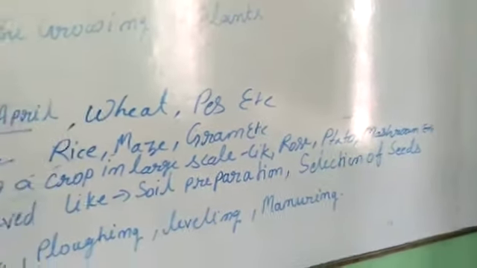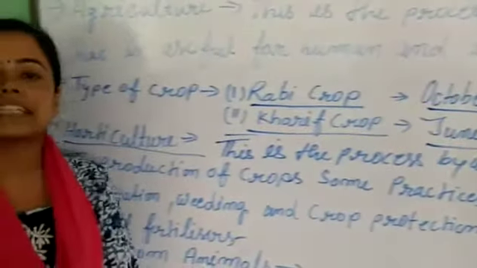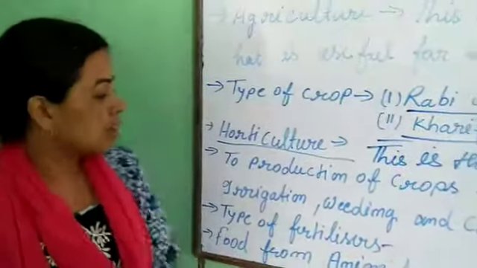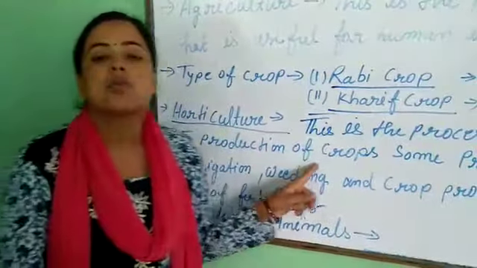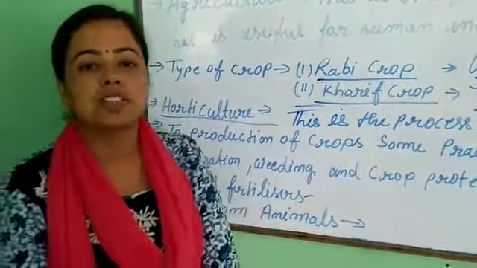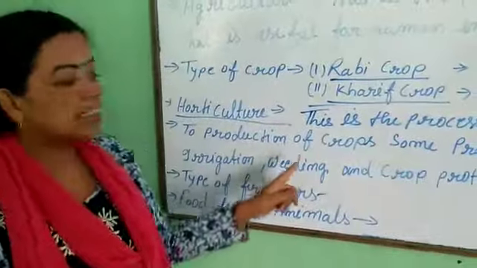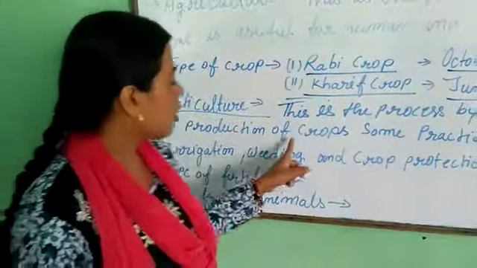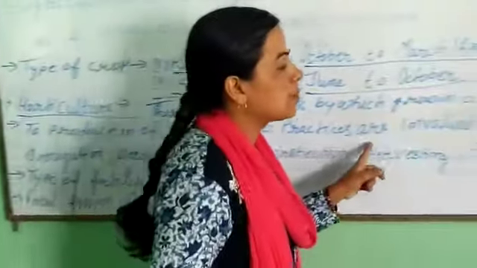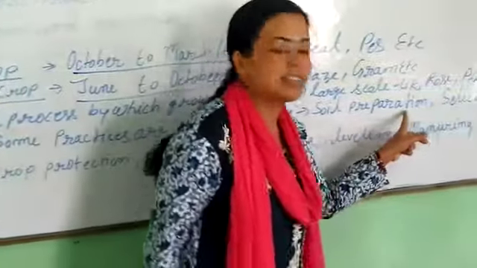And now see the production of crops. One thing is very important in agriculture, the production of crops. What are the essential parts of production of crops? First, the production of crops involves soil preparation.